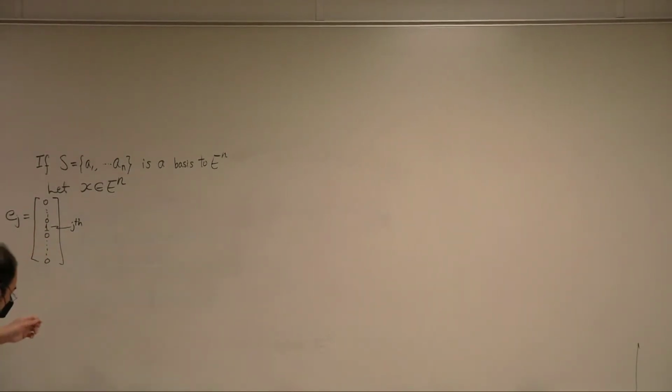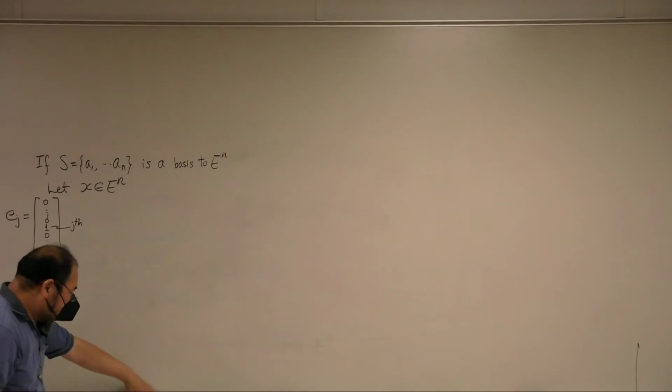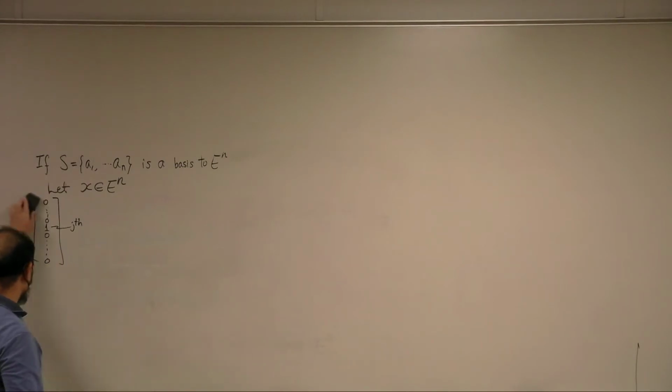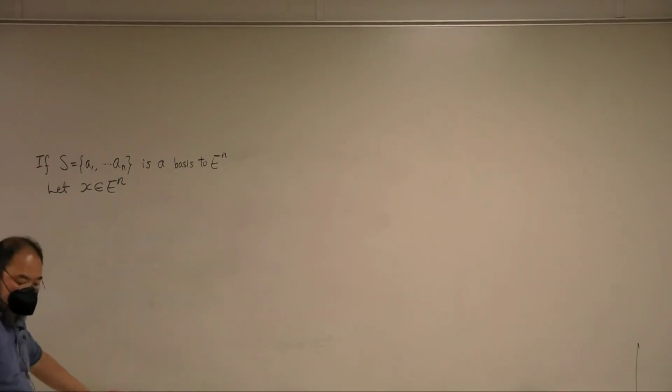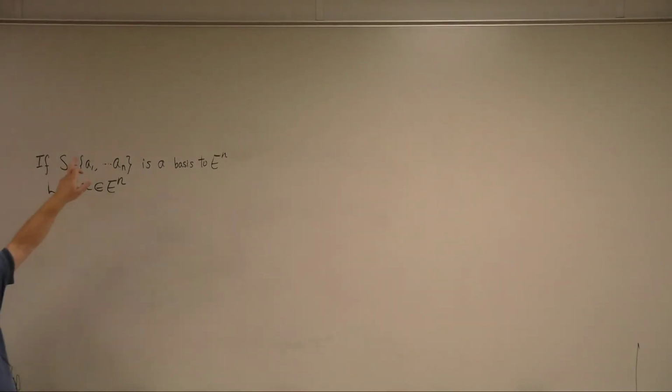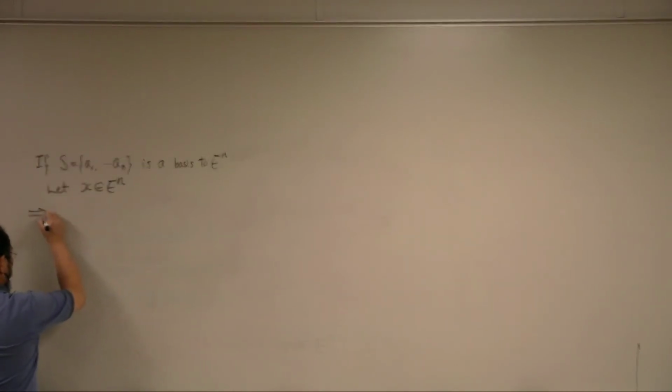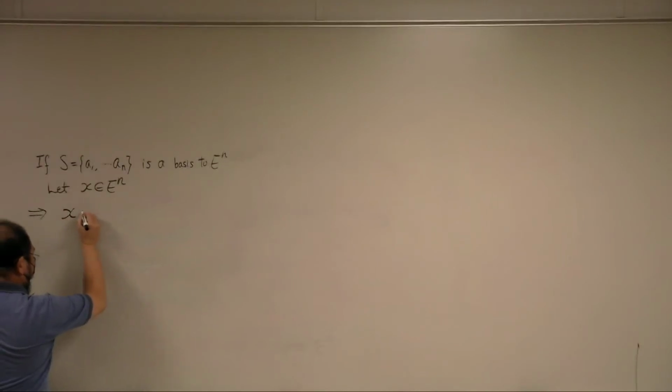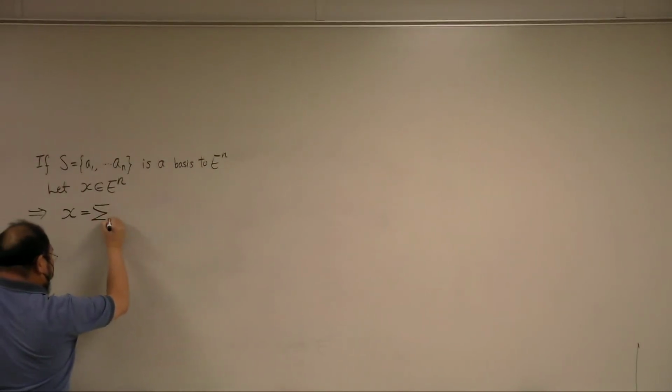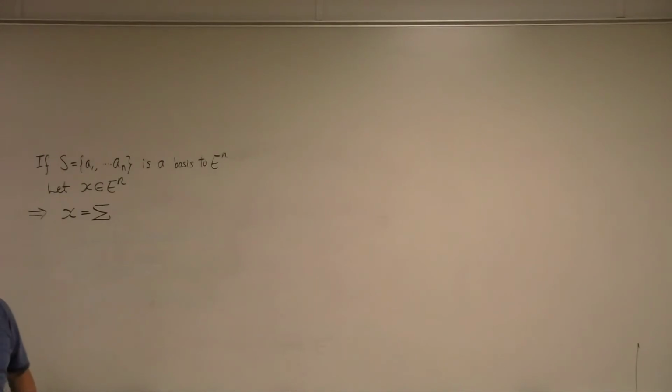All right, so now we start talking about x belongs to the n-dimensional Euclidean space, and S is a basis. Doesn't matter how they are. So therefore, I can represent x as a linear combination of A1 through AN, can I? That's what it means.